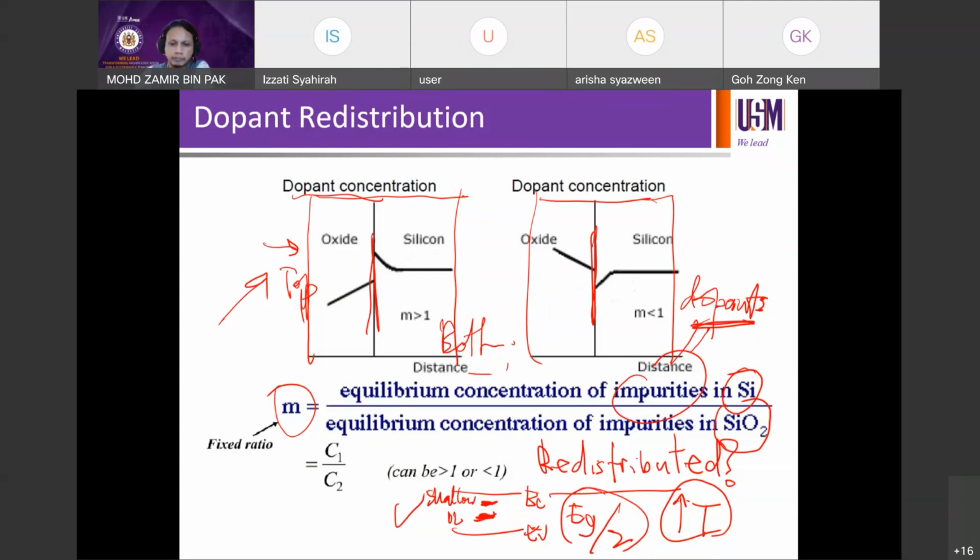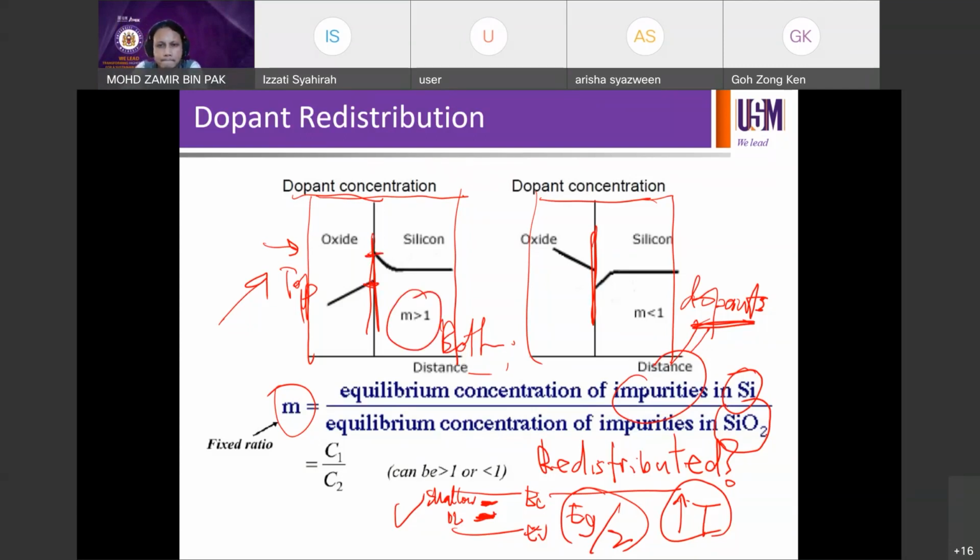that we have to manage. So if you look at the first case on the left, M is more than 1 because the equilibrium concentration of dopants in silicon at the interface is higher than in oxide, right? So that's why high over low, then you get more than 1.